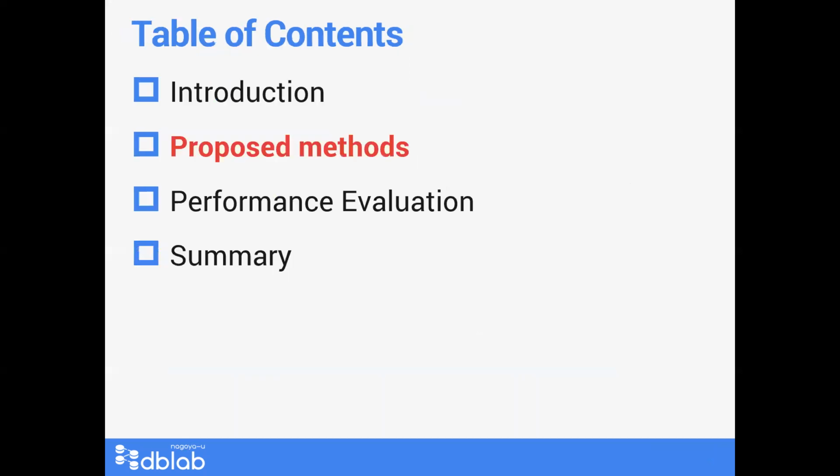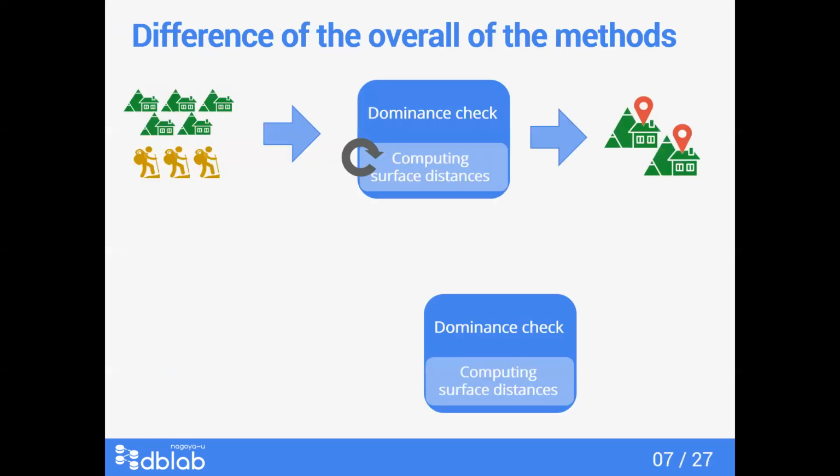I will explain how to solve spatial skyline queries on TIN by comparing naive methods and our proposed methods. First of all, in the existing spatial skyline query, the distance is computed thousands of times in order to determine the dominance relation based on the candidate points and query points.